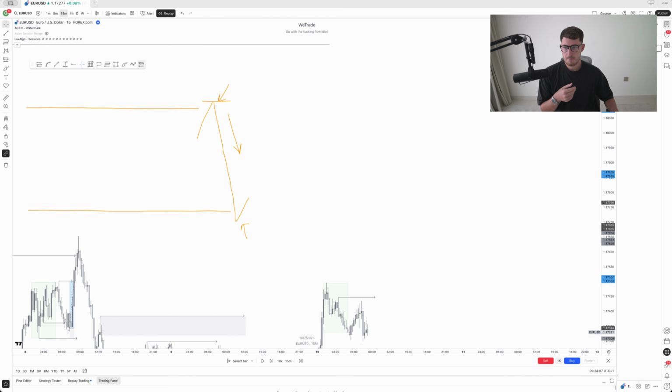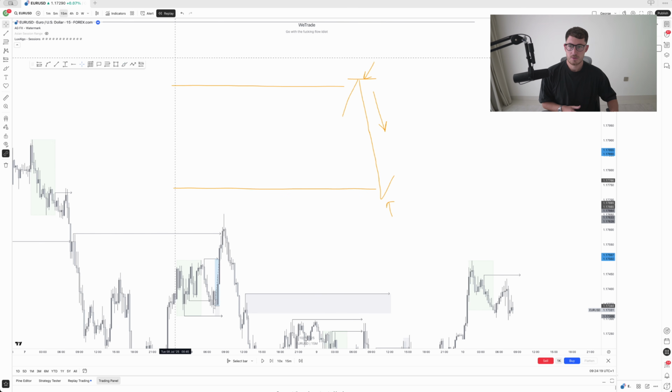So the cycle that I will tend to lean towards is through any session, so London session, New York session. You're typically going to have sessions open, and we're going to identify and try to drive into entry liquidity.